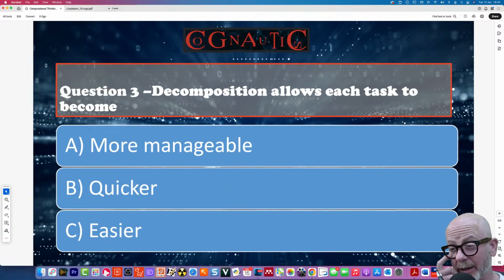Decomposition allows each task to become, is it A, more manageable? Is it B, quicker? Or is it C, easier? I'll just give you 20 seconds on that.